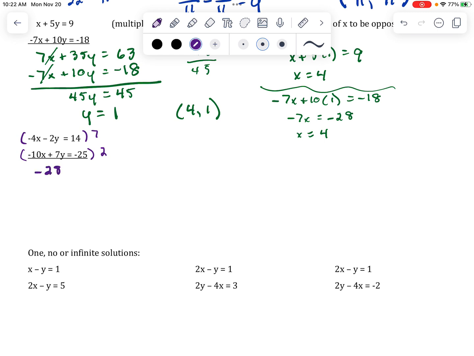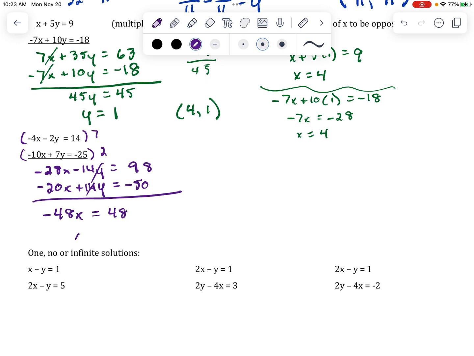So I get minus 28x minus 14y equals 98. And then I'm going to get negative 20x plus 14y equals negative 50. So I get negative 48x equals 48, and my x is negative 1.